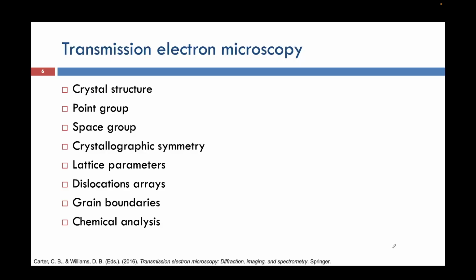Also dislocation arrays, grain boundaries, and chemical analysis. Grain boundaries we can also see in scanning electron microscopy. However, if you want to see the atomic positions inside the grain boundary, then we have to go to transmission electron microscopy, right?